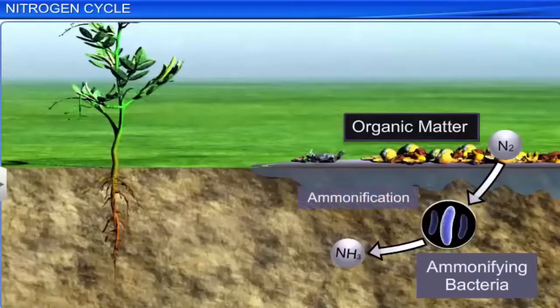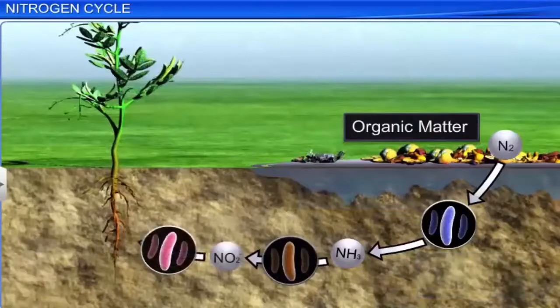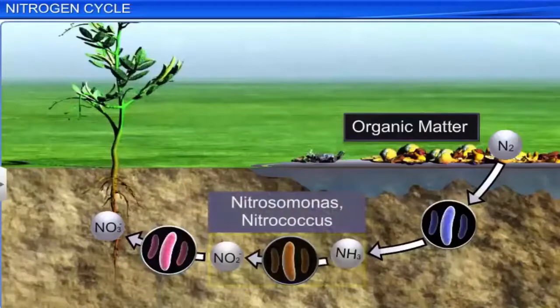Ammonia formed by ammonification is converted into nitrites and nitrates by nitrifying bacteria in the soil. This is called nitrification. During the nitrifying process, chemoautotrophic bacteria such as Nitrosomonas and Nitrococcus act on ammonia and oxidize it into nitrite.